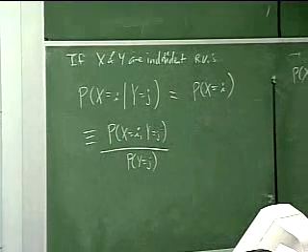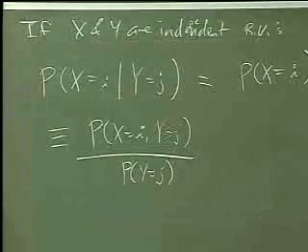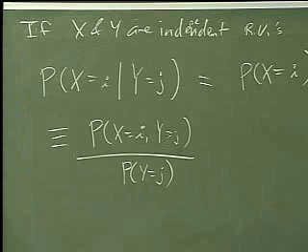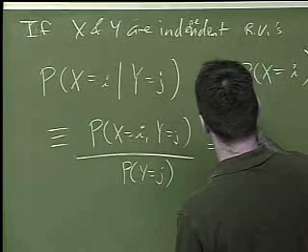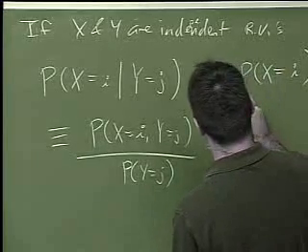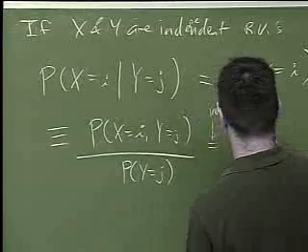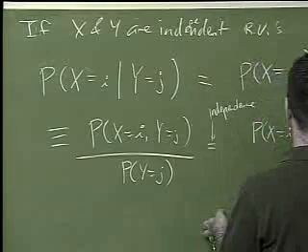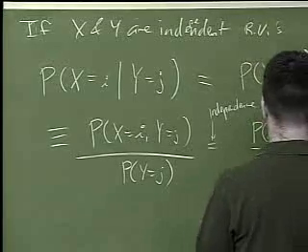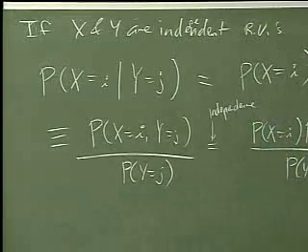And what? How do I? You can say probability X equals i, probability Y equals j. Yep. Multiply, because of their independence. This equals the probability that X equals i times the probability that Y equals j. Right?